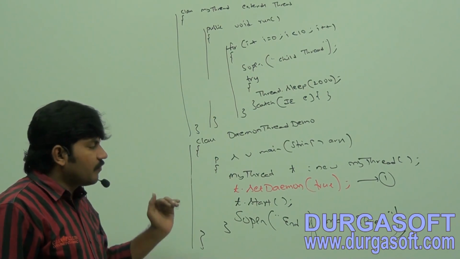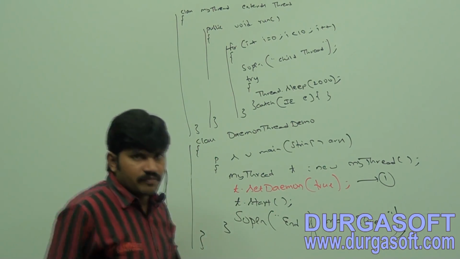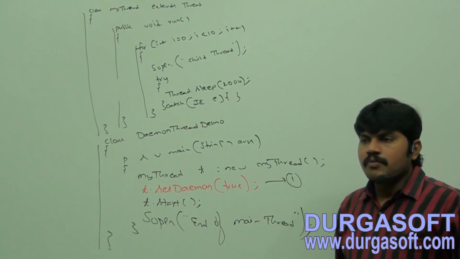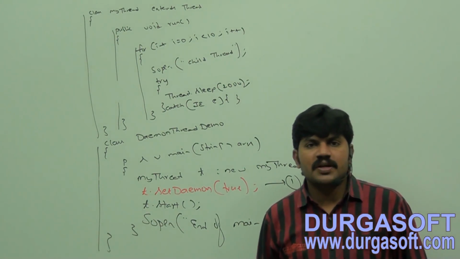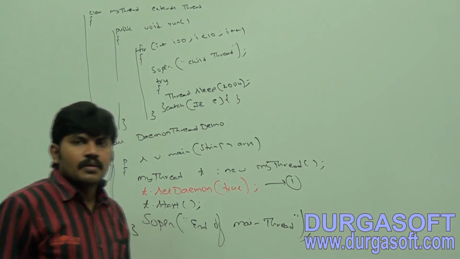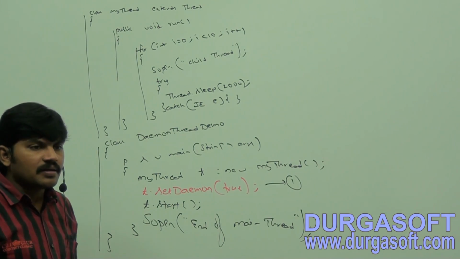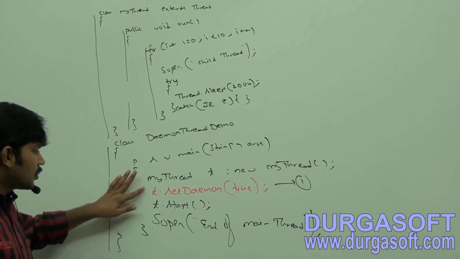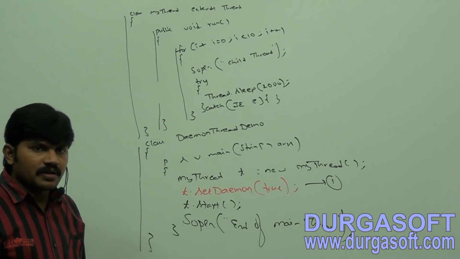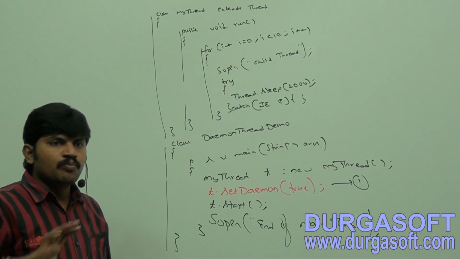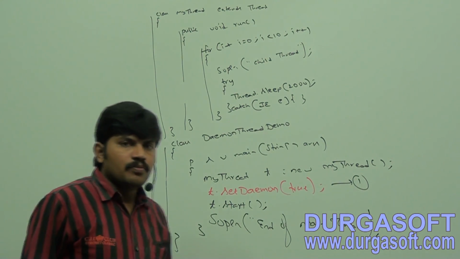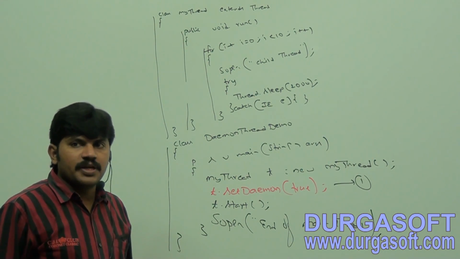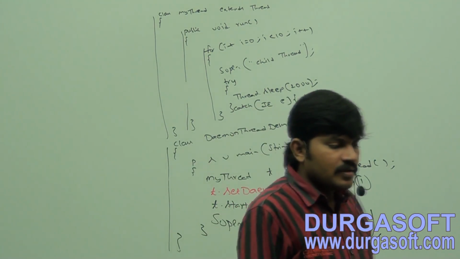If we are commenting line 1, both main and child threads are non-Daemon, and hence both the threads will be executed until their completion.